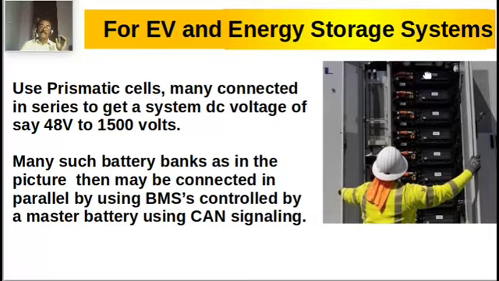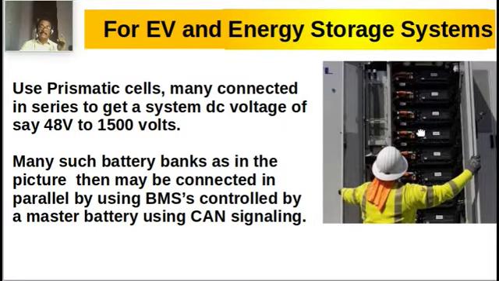For that, we have what is known as battery management systems, BMS, and the BMSs are controlled by a master battery. How does it control? There is a signaling link provided between the master battery and the other batteries.